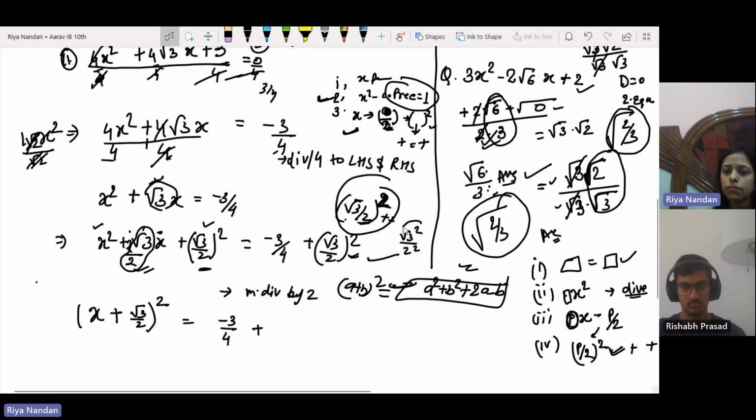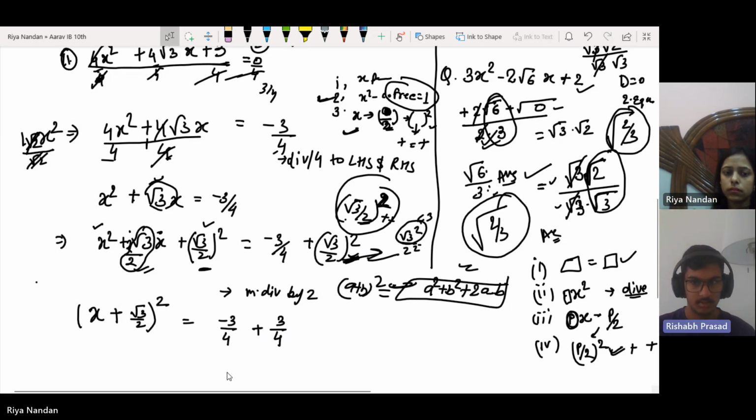So root 3 whole square, the value of root 3 whole square, it means 3. I'm solving this one. So it becomes 3 by 4, clear? So plus 3 by 4 and minus 3 by 4, it will be cancelled, 0.